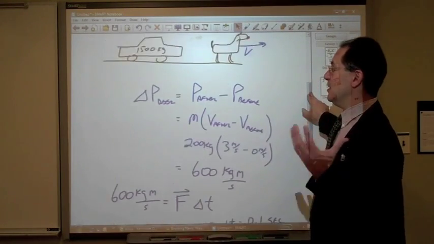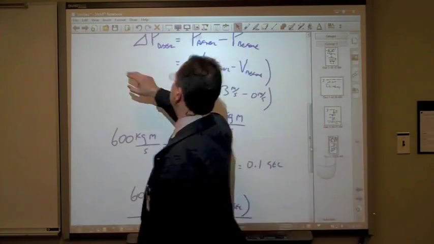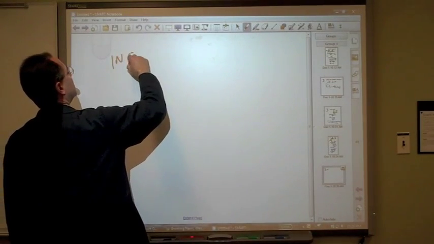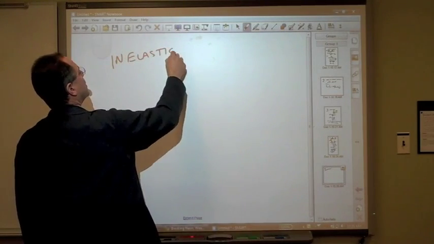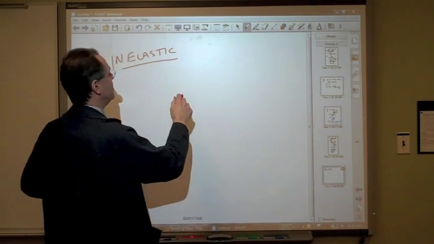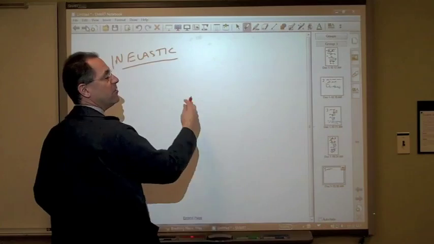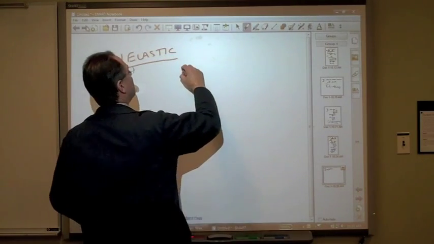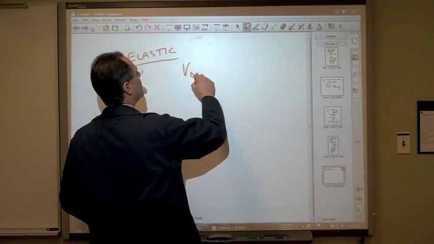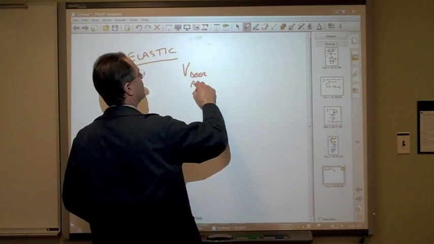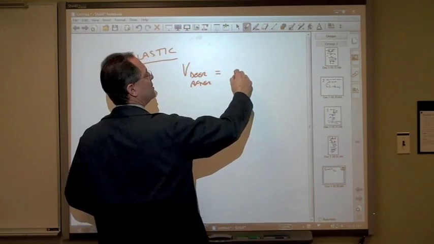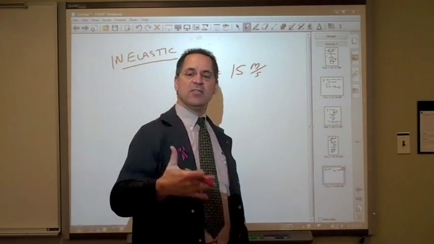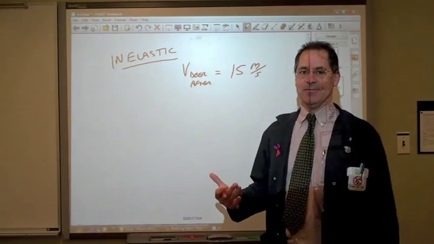In the inelastic collision, what happened was, for the inelastic, you notice I've chosen red on purpose, okay? The deer is pasted to the front of the car, and the velocity of the deer after increases to 15 meters per second. Remember, he's moving at the same rate as the car now.